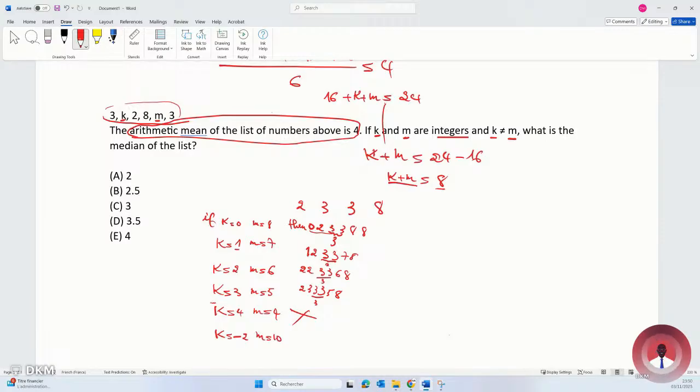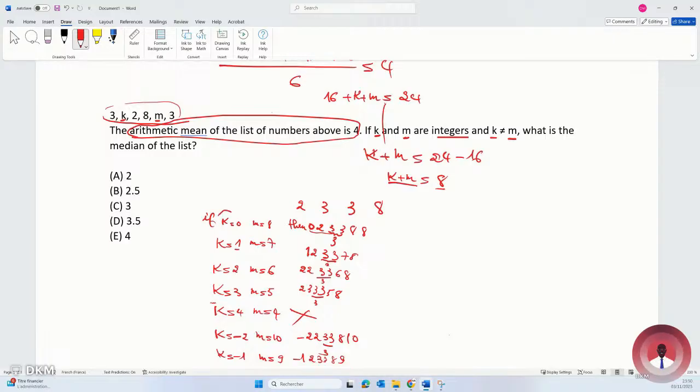So you have minus 2, 2, 3, 3, 8, and 10. So we still have 3 here as the median. Even with k being equal to minus 1 and m equal to 9. So we have minus 1, 2, 3, 3, 8, 9.